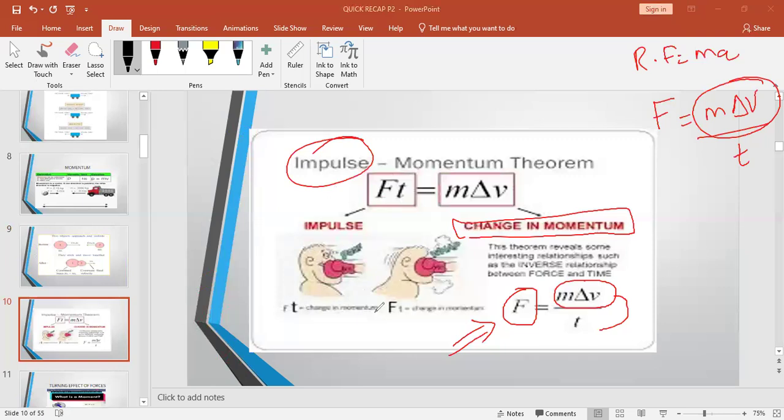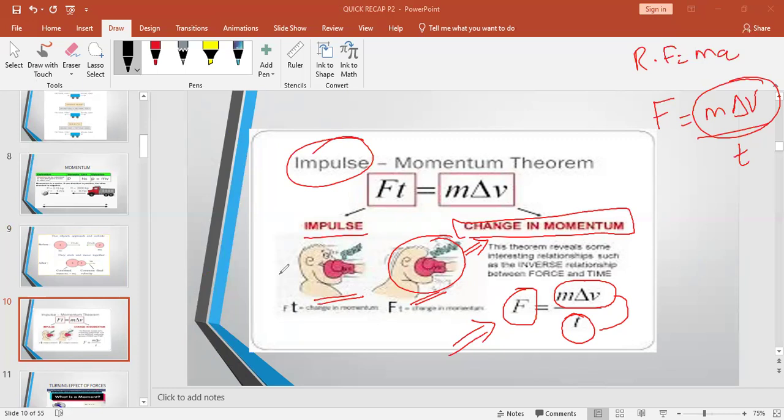The greater the force is, like with this punch, the greater will be the change in momentum and the lesser will be the time. The lesser the force is, the lesser will be the change in momentum or impulse and the greater will be the impact time.